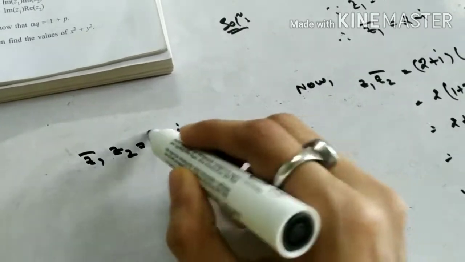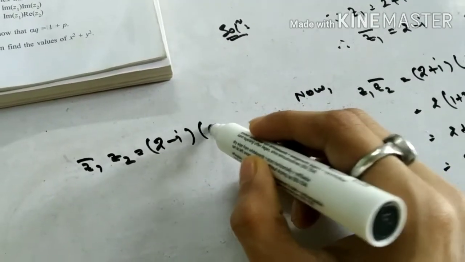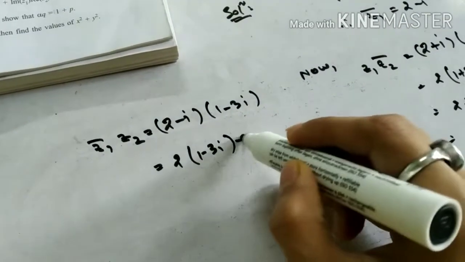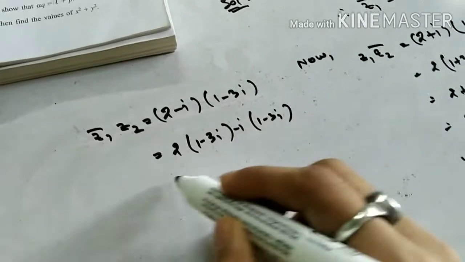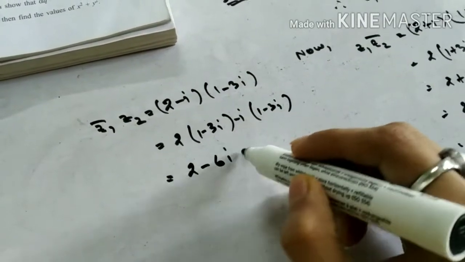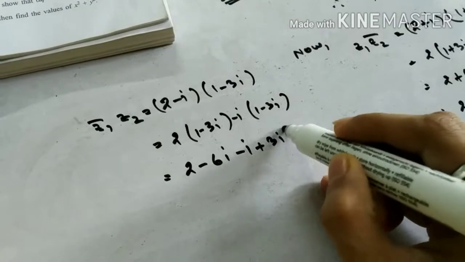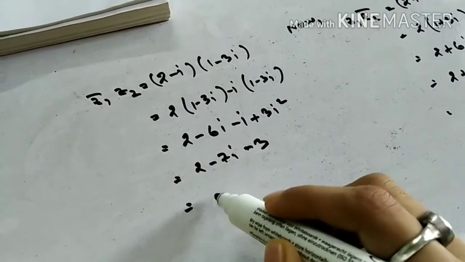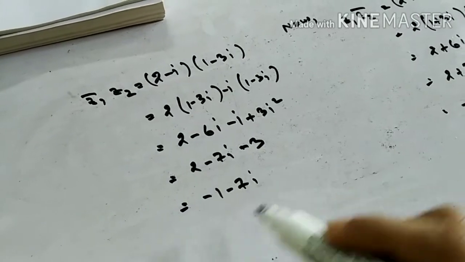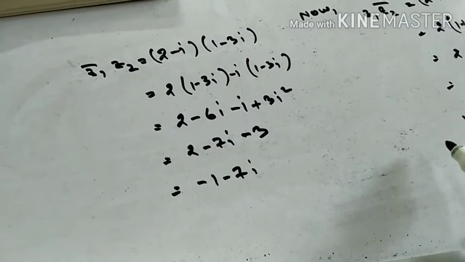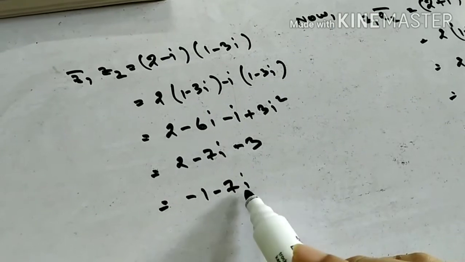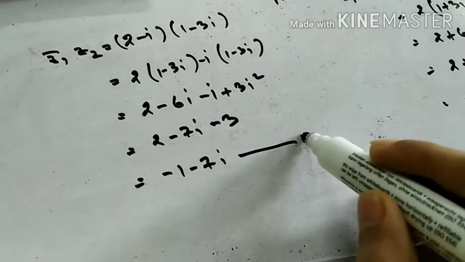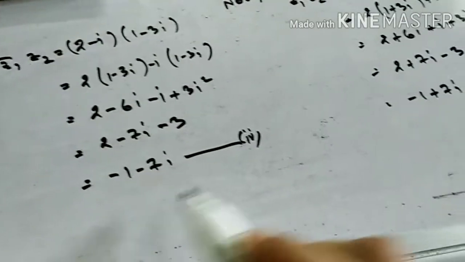Z1 bar is 2 minus i, and Z2 is 1 minus 3i. So 2 times 1 minus 3i minus i times 1 minus 3i. So 2 minus 6i minus i plus 3i square. 2 minus 7i minus 3, so minus 1 minus 7i. This is Z1 bar into Z2. Okay, this is our equation number 2.